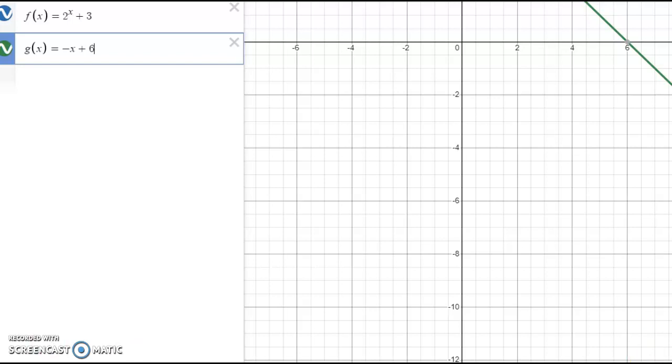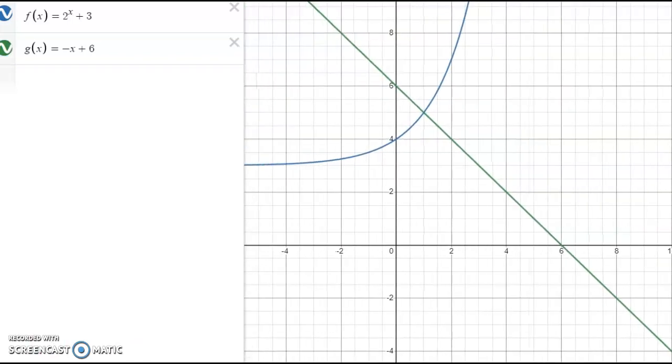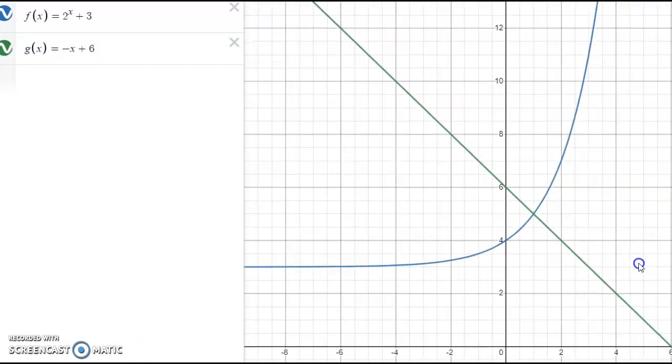All right, there we are. The blue line is the exponential. Notice how that exponential looks. It's an upward curve, and then there's the linear green line, negative x plus 6. And if I click right there, that's going to tell us where the intersection is.